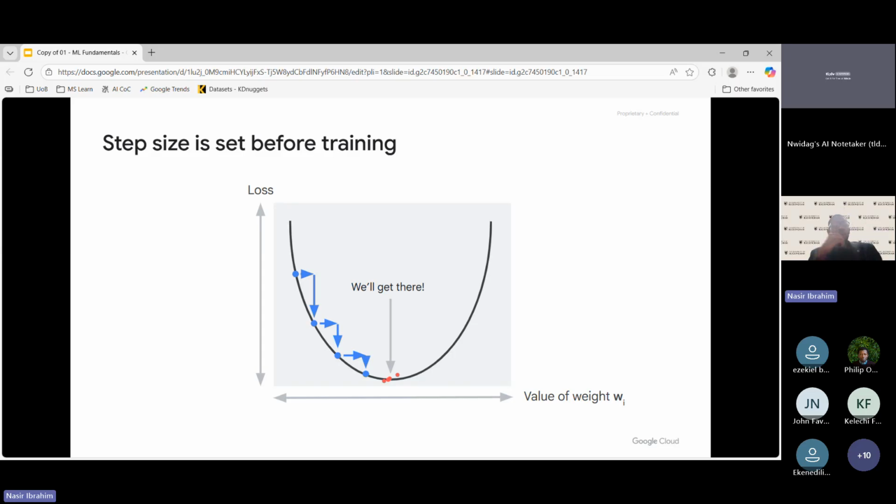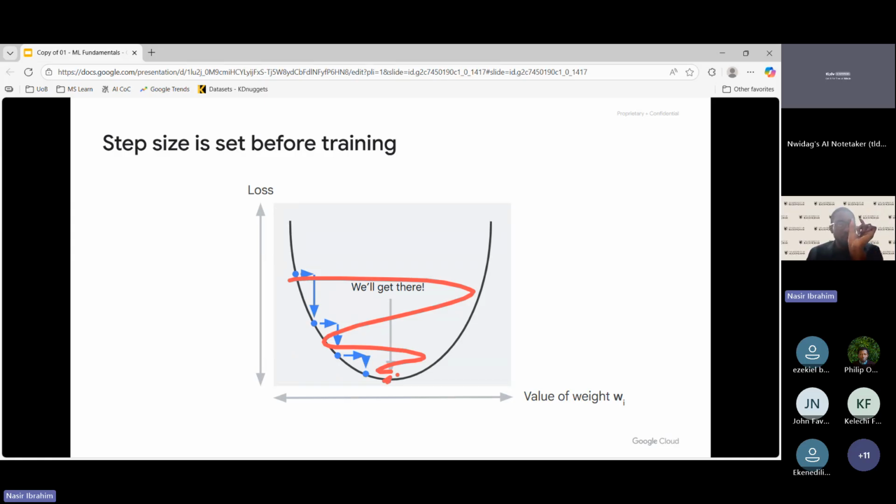But if you go with a large learning rate, then you just bounce all over the place, and you might not necessarily get to the optimal minimum, because of the size of the step that you are bouncing with. So the learning rate is a parameter that will determine the speed.